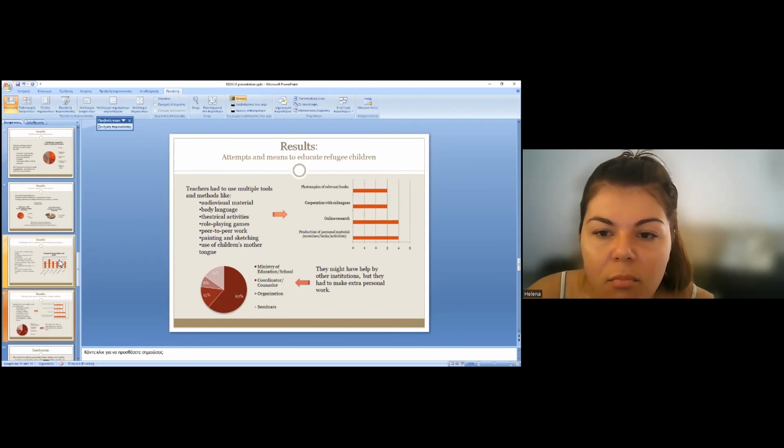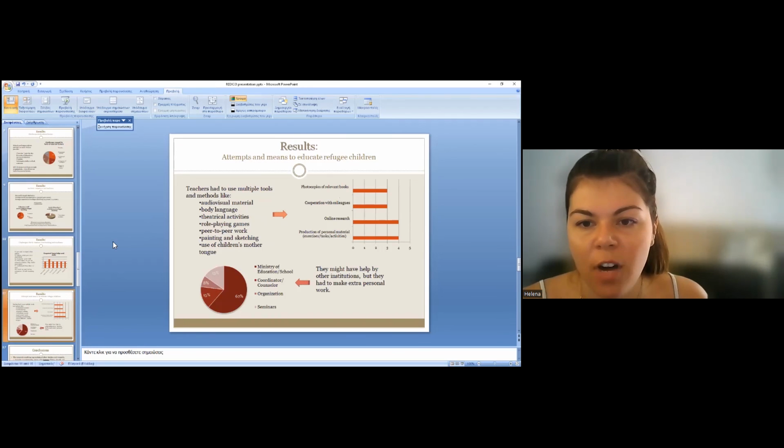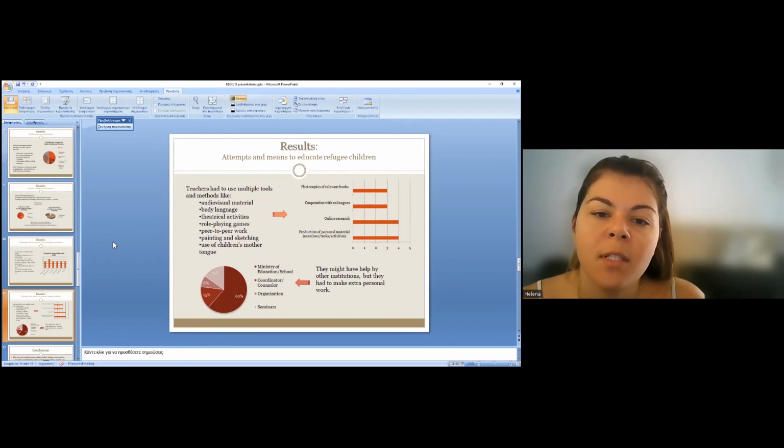Now, some more results about how teachers tried to educate refugee children. Here are their attempts, the means they used, some practices they also used. As you can see, they used many practices, and some of them are audiovisual material, online research.